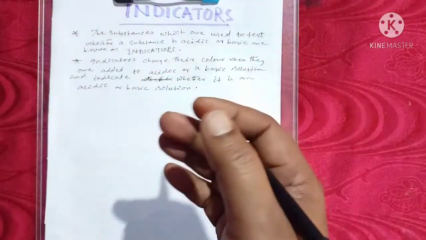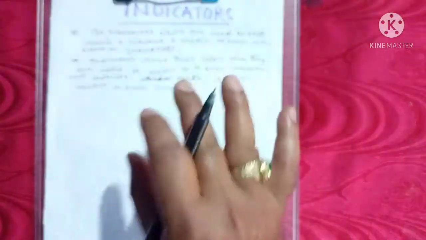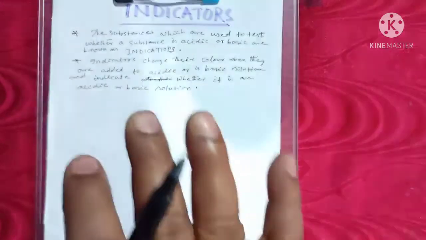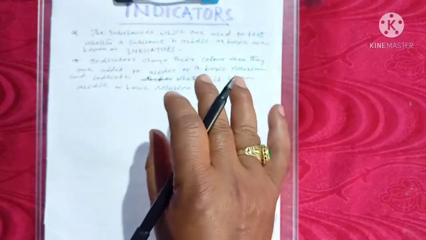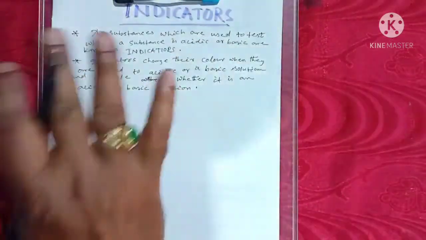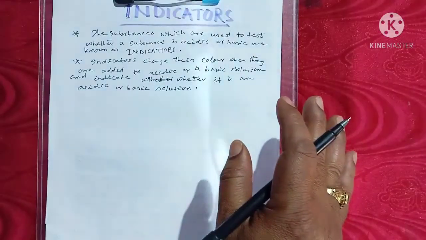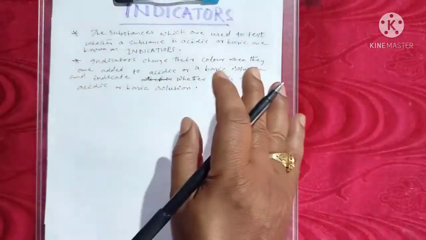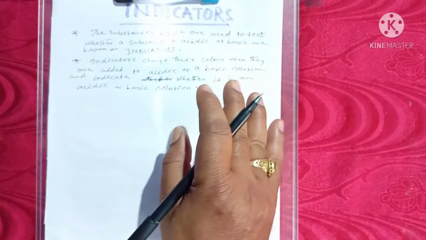Or I will tell you about the neutral solution. If by doing litmus test a solution will not change its color, so red litmus paper will remain red and blue will remain blue, then such type of solution is called neutral solution.